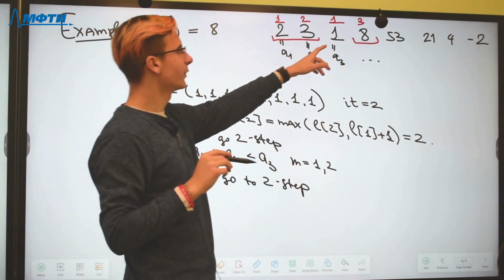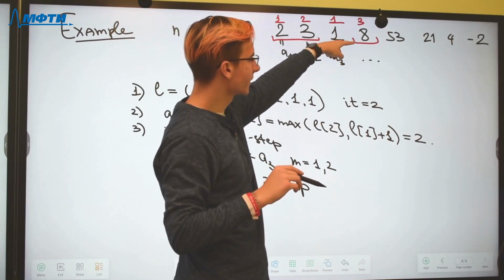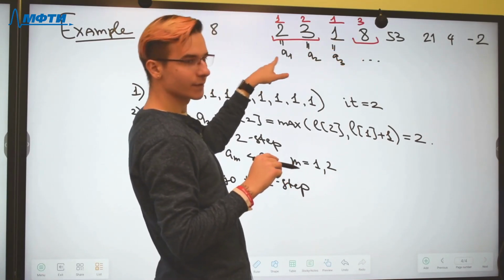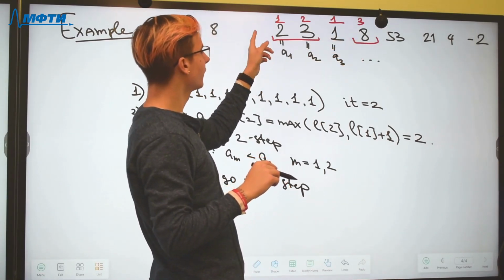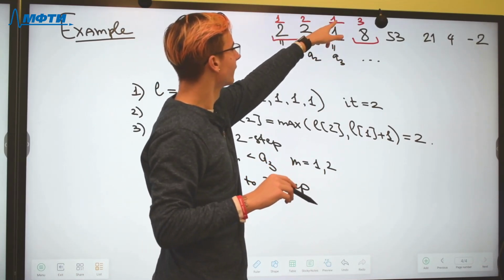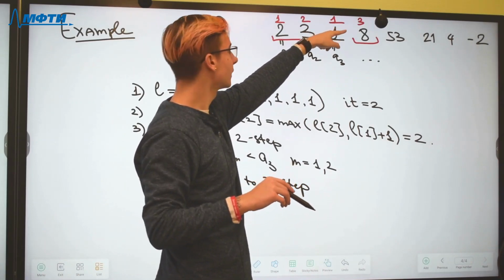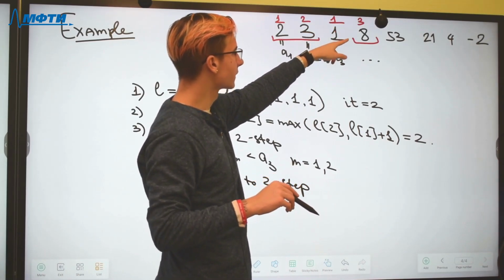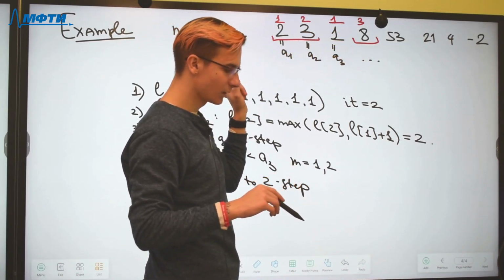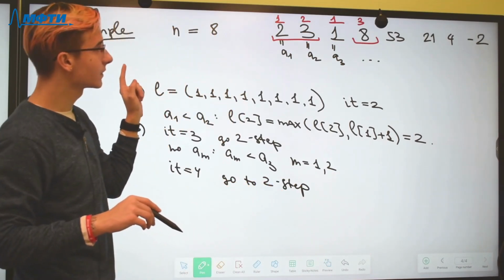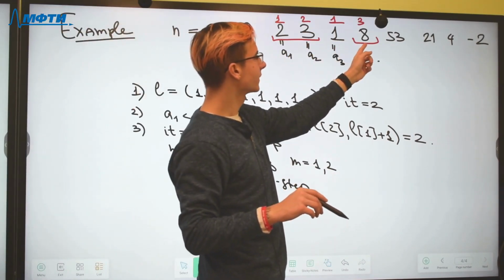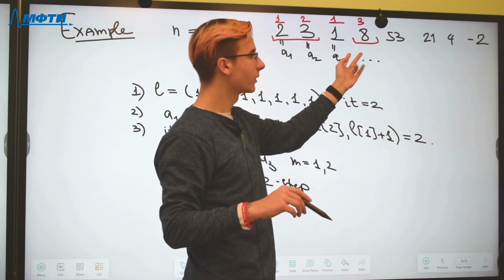We find that A with index 4 is bigger than the previous numbers, and then we find the maximum of these numbers and add 1, and get the length of the longest increasing subsequence that ends with the 4th number.